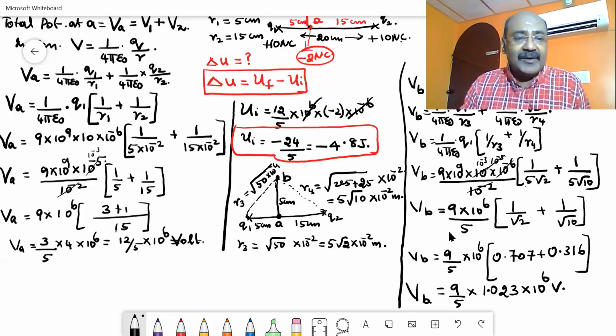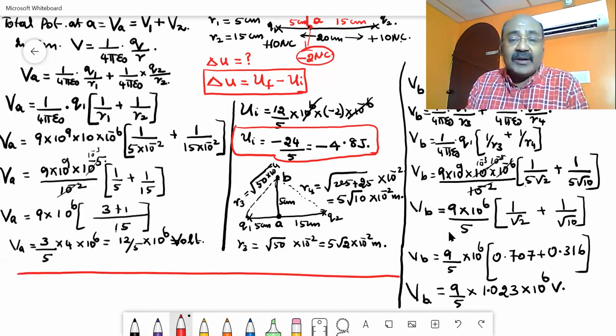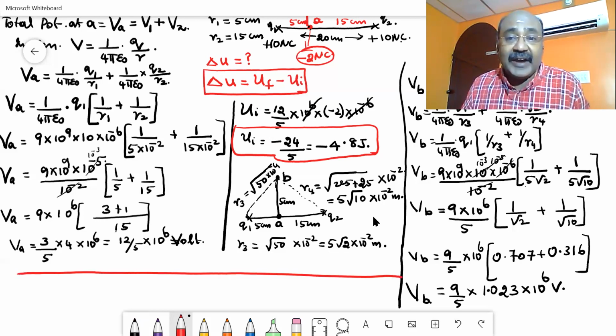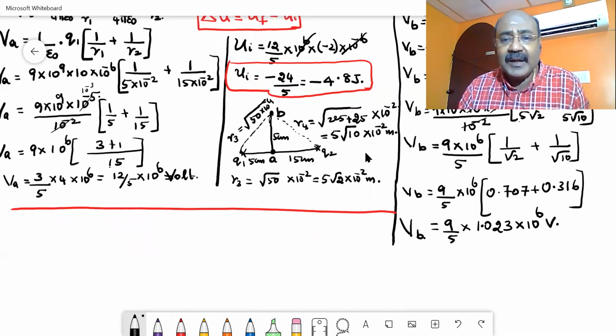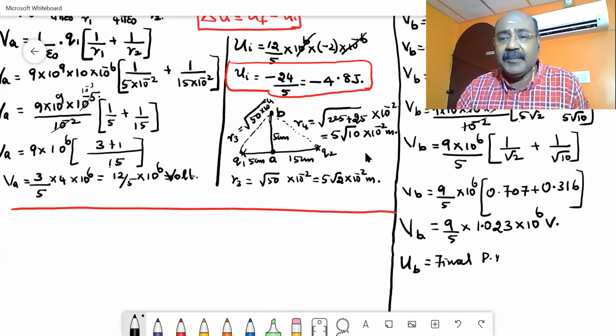Now I am calculating the potential energy. I am going to calculate the potential energy at the final stage. I have to calculate epsilon B. What is epsilon B? Epsilon B is the final potential energy at the point b, not capital B, it is given as small b.